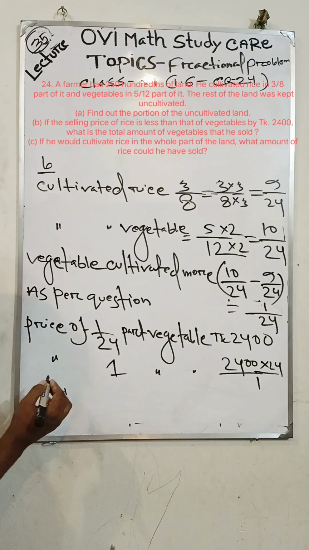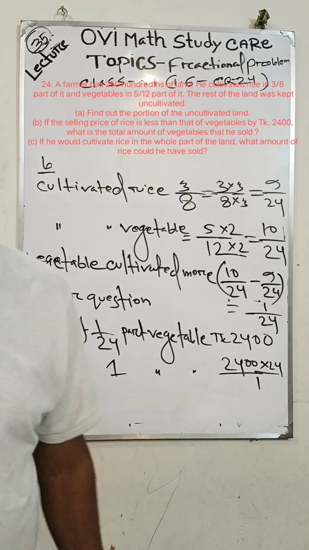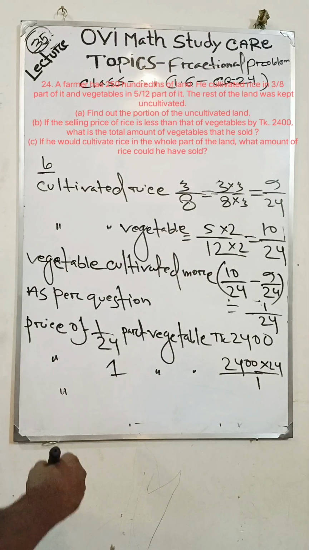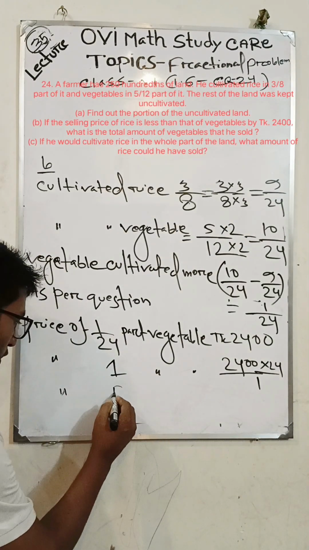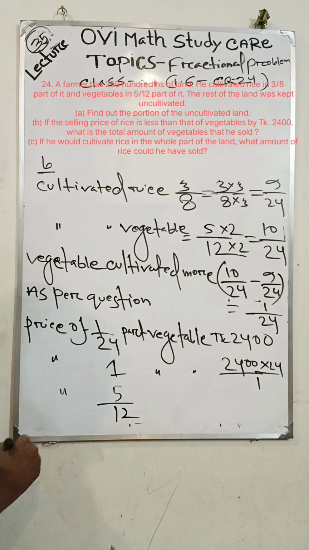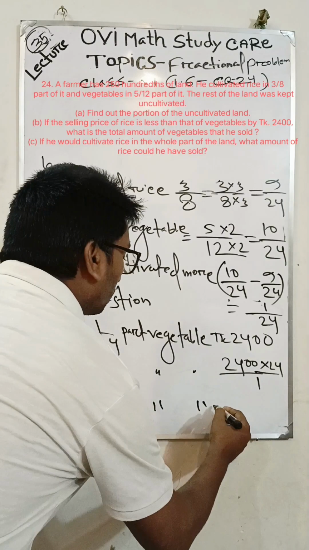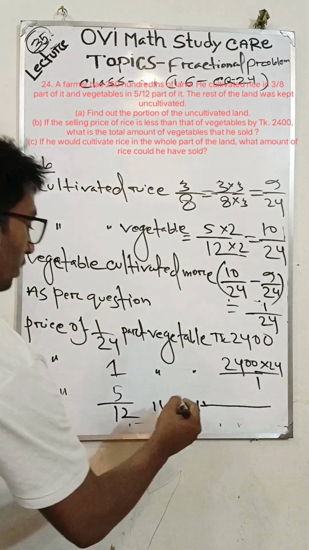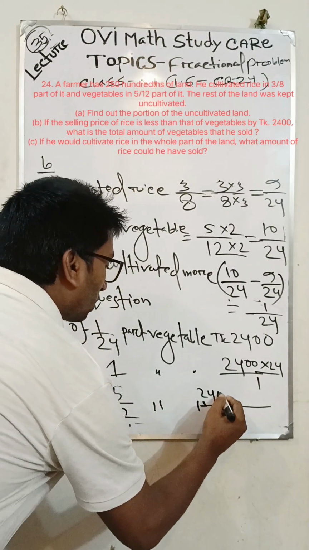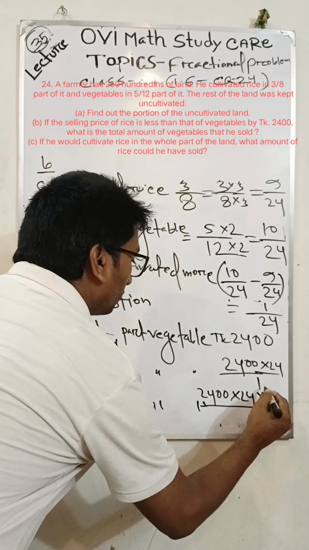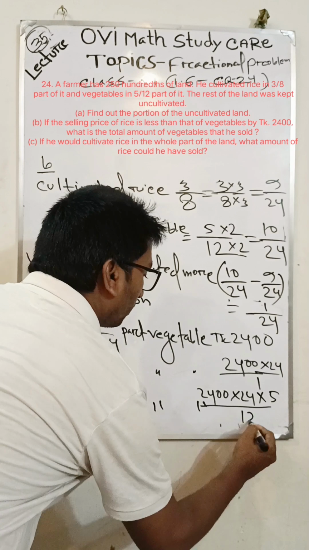So the price of how much part he cultivated the vegetable: he cultivated vegetable 5/12 part, so it becomes 2400 into 24 into 5/12.